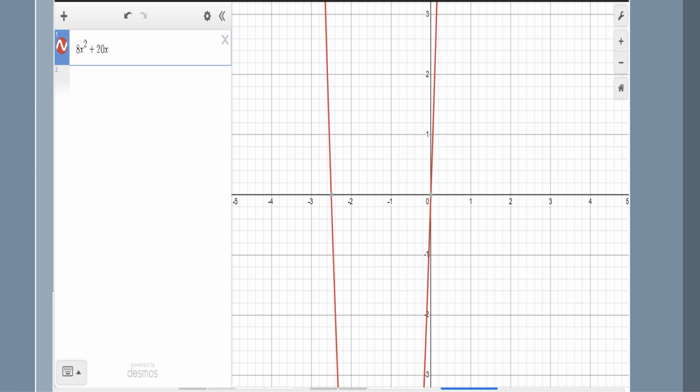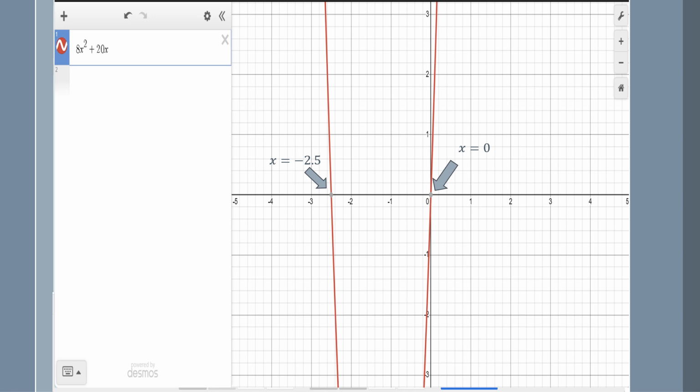The x-intercept. When is the graph crossing the x-axis? At what values? At negative 2.5, right there. And when x equals 0, right there.